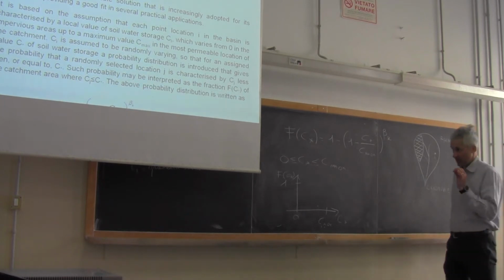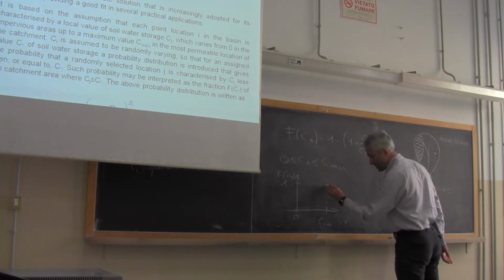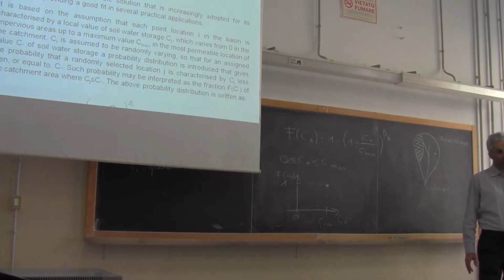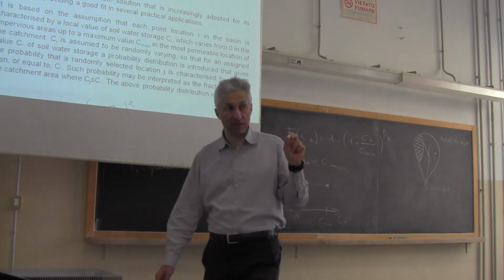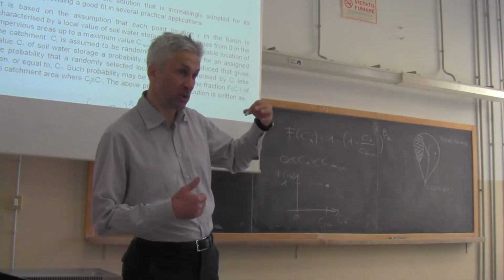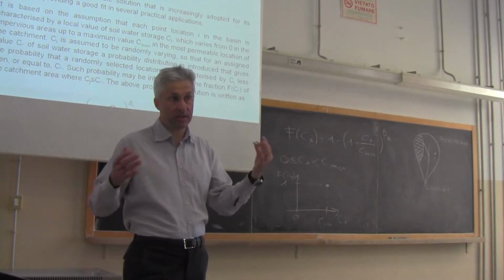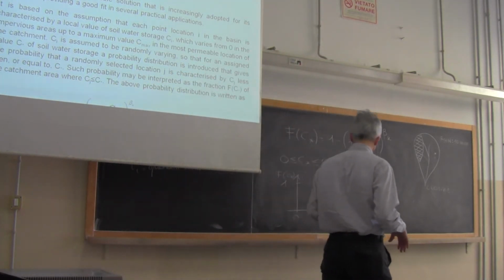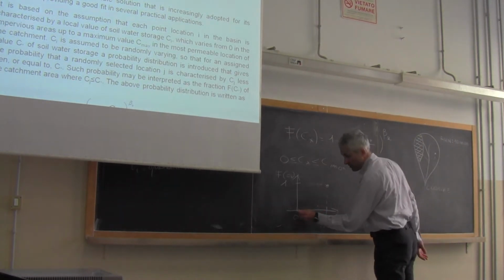Of course, you easily understand that Fc max is 1. Because remember what F is? It's the percentage, the proportion, the part of the catchment between 0 and 1 that has a potential storage that is lower than a given value. So if you take as a given value the max, of course, all the catchment has a storage that is lower than C max. So Fc max is 1. Now the question also, F0 is 0, so your function starts from here.